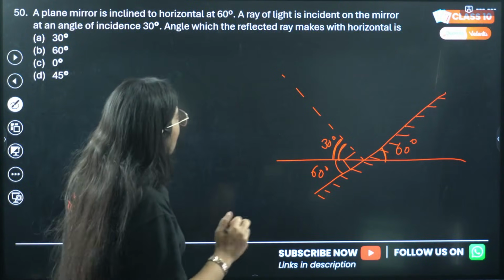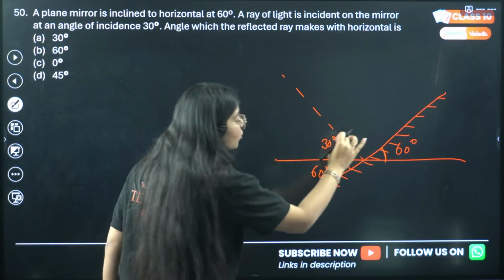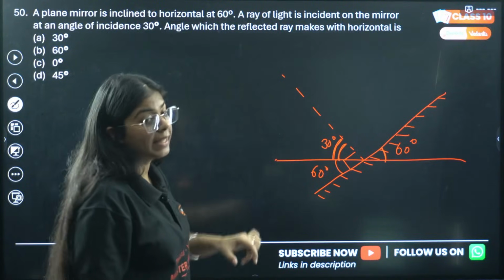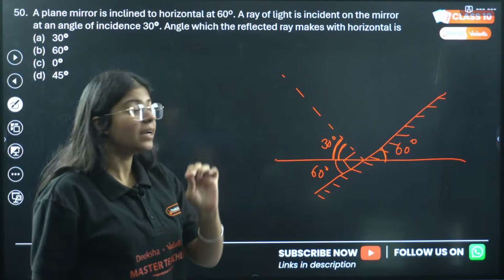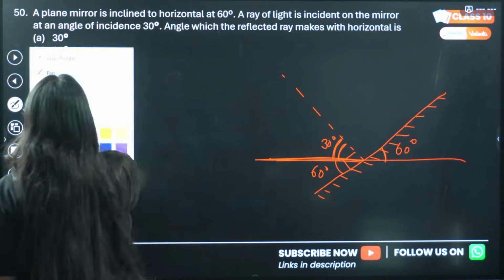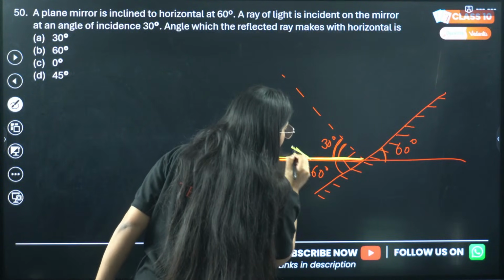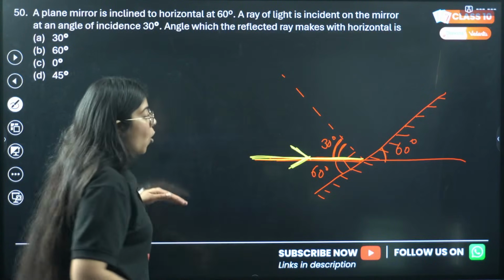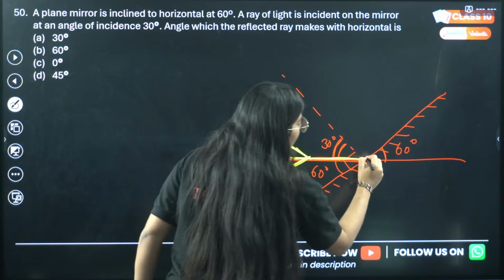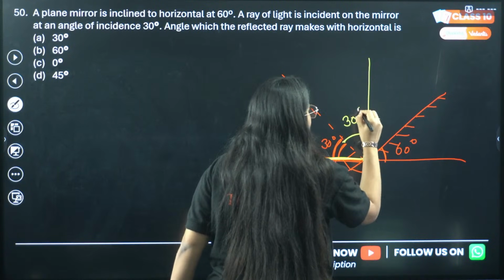And my incident ray is incident at an angle of 30 degree, so it will be with the normal. The ray of light is incident on the mirror at an angle of incidence 30 degree. Angle of incidence is always made with normal, so this will be my incident ray, correct? And then the reflected ray will go something like this, and this will also make an angle of 30 degree.